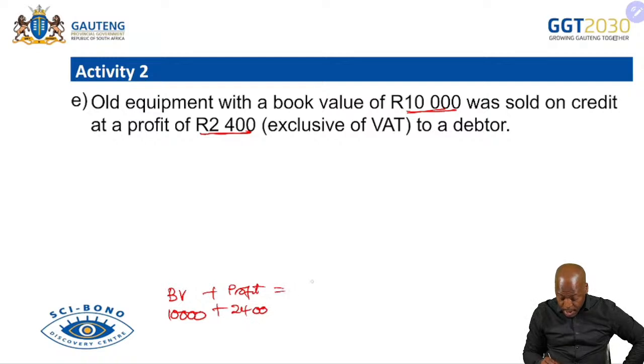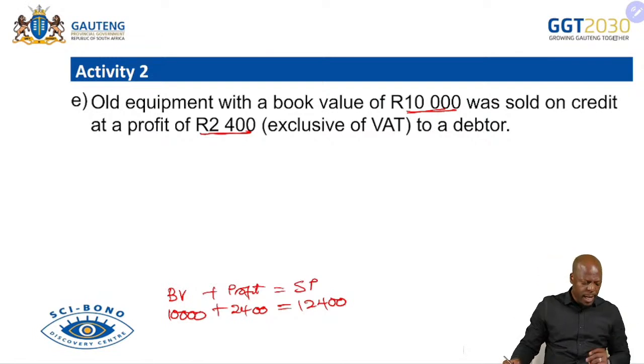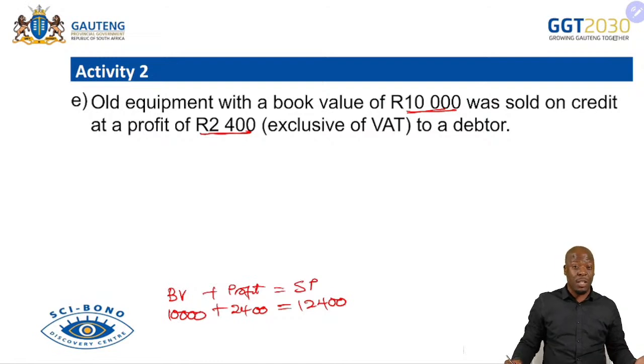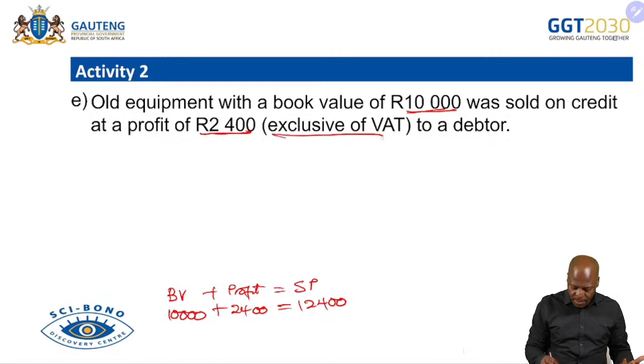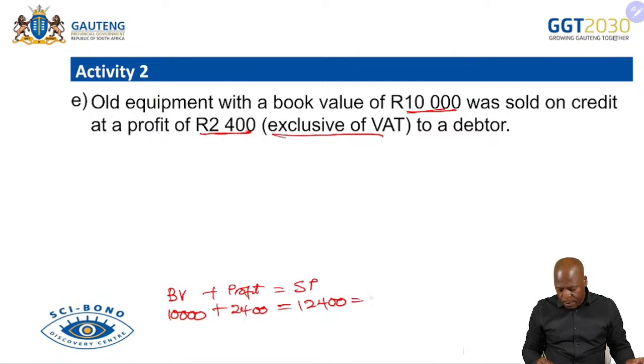That means my selling price was therefore 12,400. That is what I sold this old equipment for. I sold it for 12.4. And the next question then is, was that 12.4 inclusive or exclusive? That is easy. The question tells us. Exclusive. So now I know I have 12,400 and that 12.4 is exclusive.